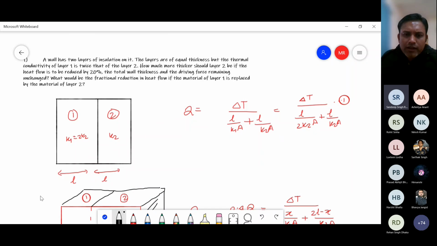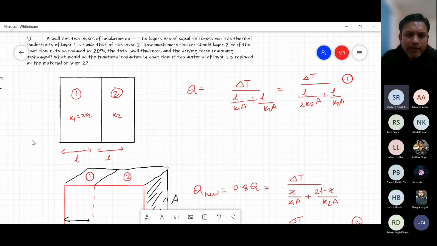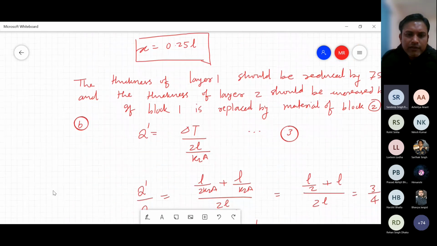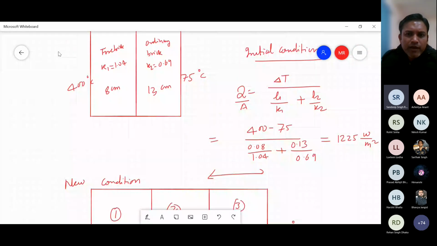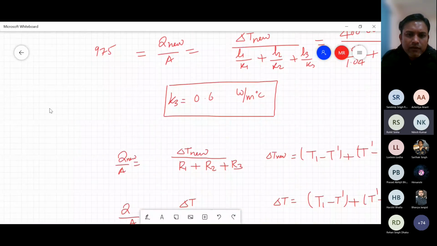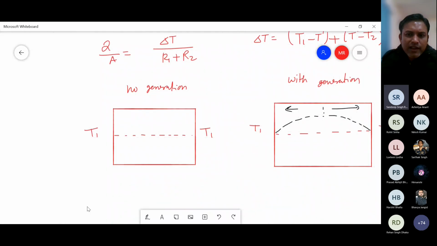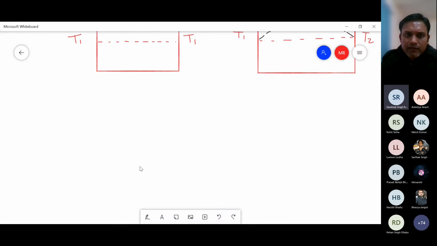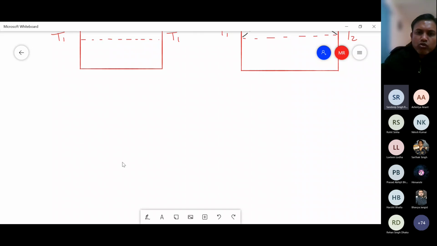I will just scroll a little bit up and try to derive it again here. The whiteboard is now clearly visible to everyone, including the writing? Yes, sir.